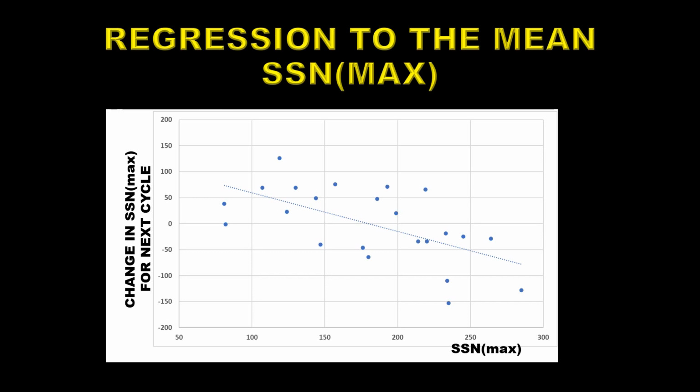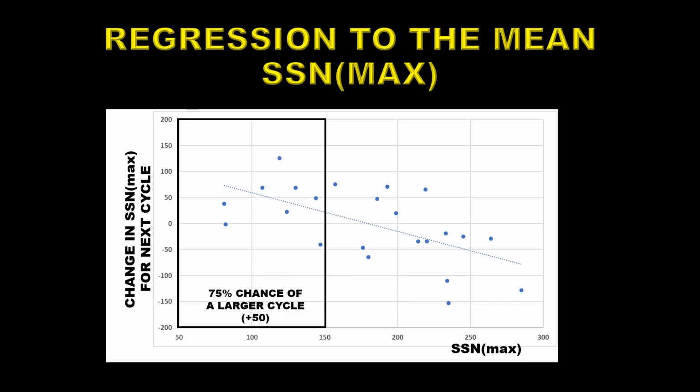And this seems to work for the solar cycles, because what I've got here is the peak of a cycle versus the difference to the next cycle, whether it got bigger, positive, or smaller, lower. You can see there is a sort of trend in this: the smaller cycles tend to be followed by a bigger cycle, and the larger cycles tend to be followed by a smaller cycle. There's still a lot of noise on this, however.